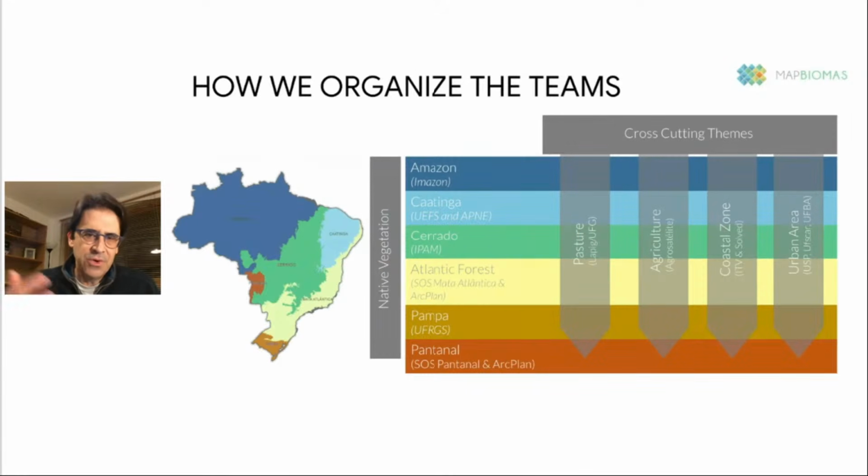And the way we organize ourselves is that different groups in the network work on different biomes or ecosystems in Brazil, like the Amazon, the Cerrados, and each one of those biomes. And then we have groups working on topics that cover the whole country, like pasture, agriculture, the coastal zone, and urban areas.